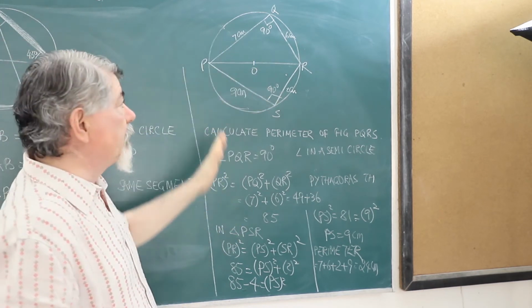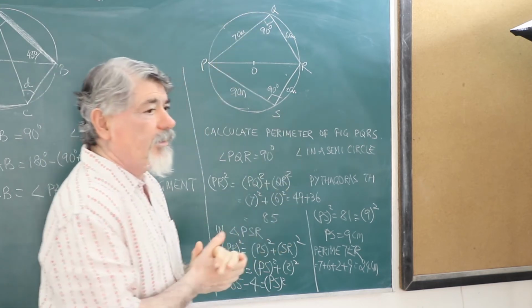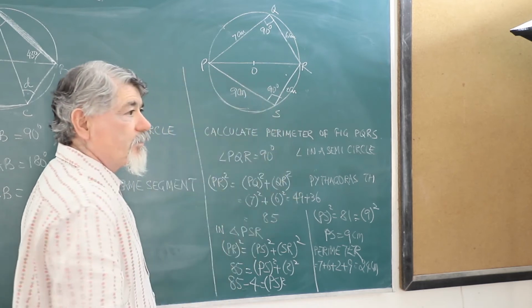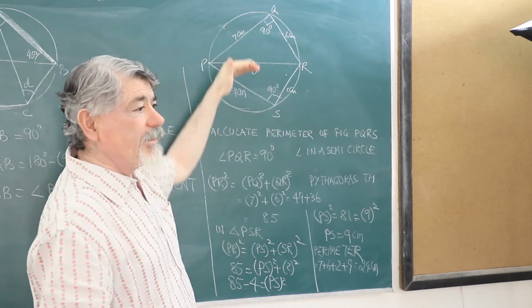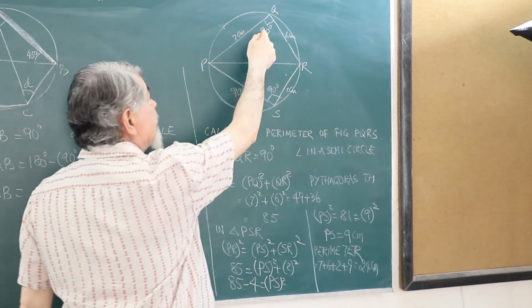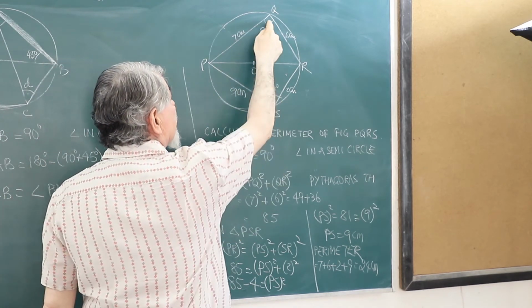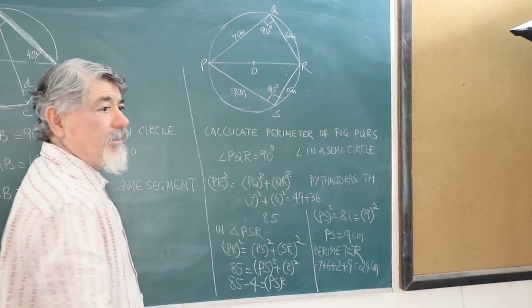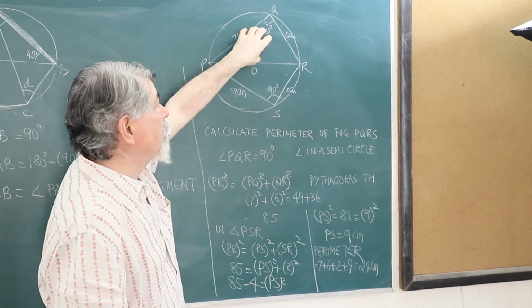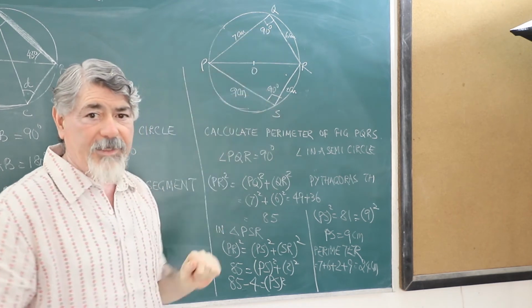He asked you to calculate the perimeter of this figure, and where he had given that POR was diameter, POR was dividing the circle into two equal halves, two semicircles, and in each semicircle we could say that angle Q and angle S is 90 degree. If angle Q and angle S are 90 degree, then these two triangles are right angle triangles.